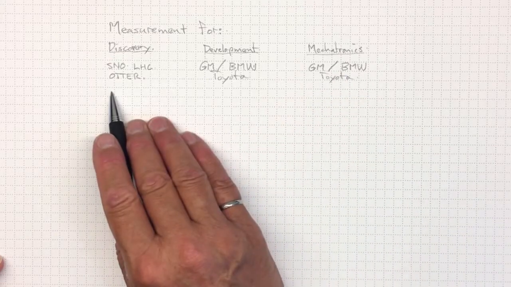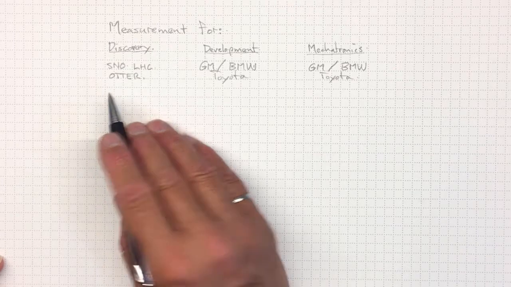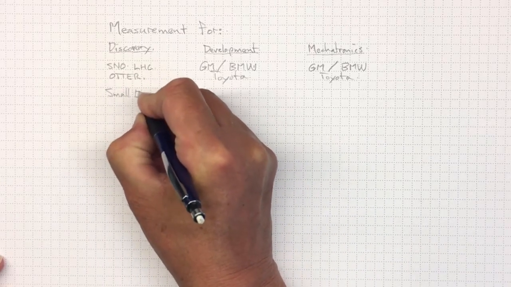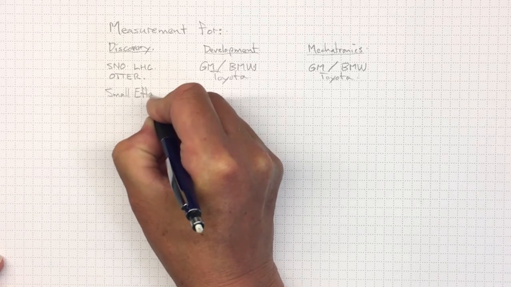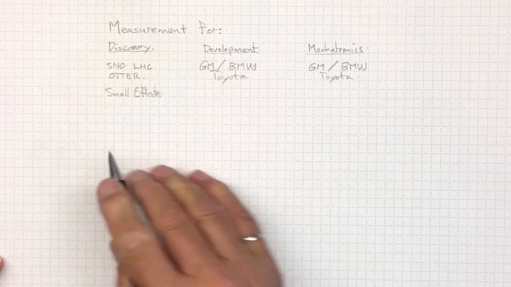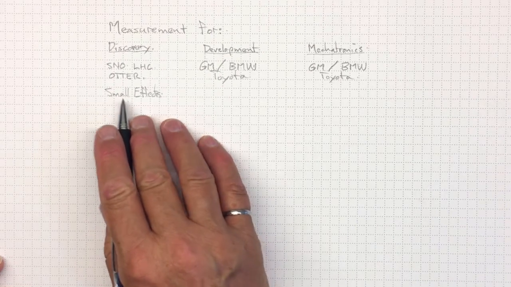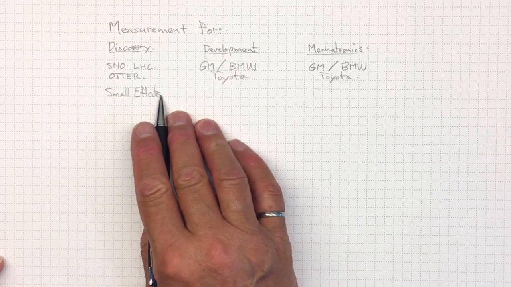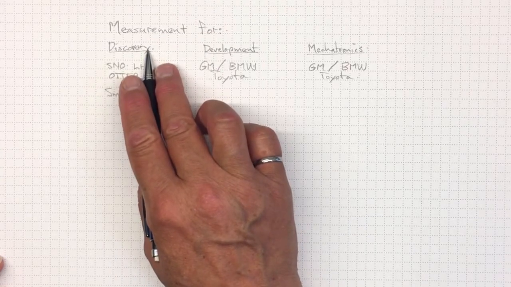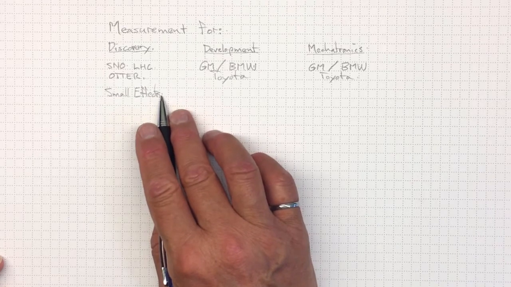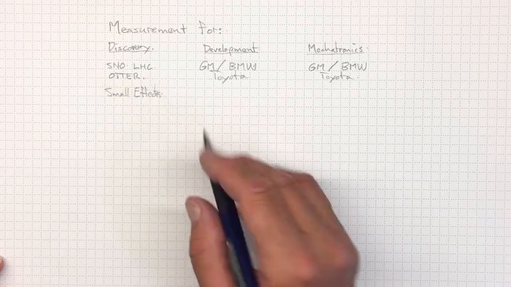So usually when we're trying to discover something, we're usually looking to detect small effects that are really buried in the larger phenomena that we're examining. We're trying to detect those small effects that tell us a little bit more about what's going on, because usually we're doing incremental work to better understand what's happening.